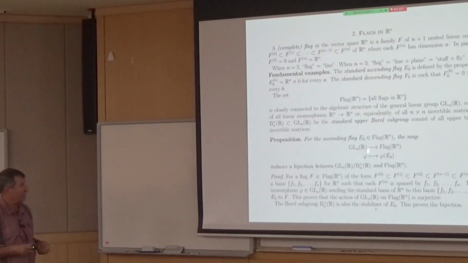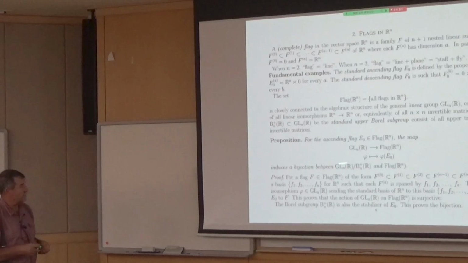And flags correspond to the quotient of GLN by this Borel subgroup. The way it works is that if you take E0, this ascending flag, you can consider its orbit under the action of GLN. So you consider the map which sends a linear isomorphism of Rn to the image of the flag under that.